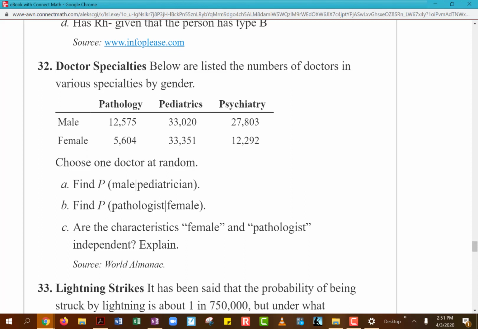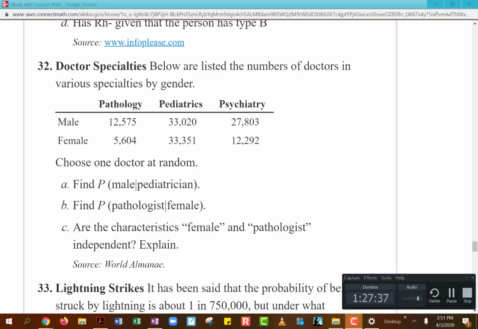For part B, what's the probability that it's a pathologist given that they are female? And for part C, are the characteristics female and pathologist independent? And then we want to explain our answer. So let's take a look at how we can go about doing this example here.